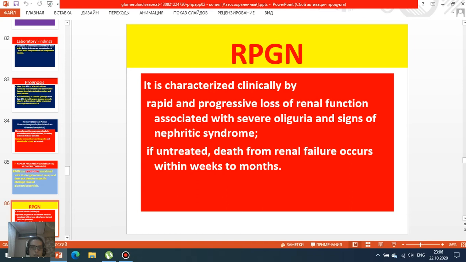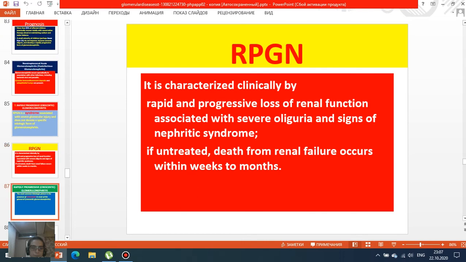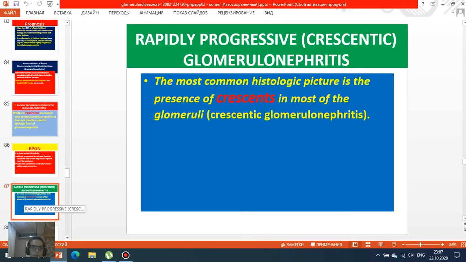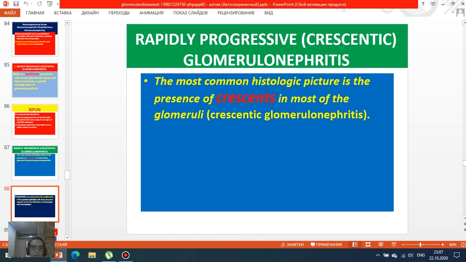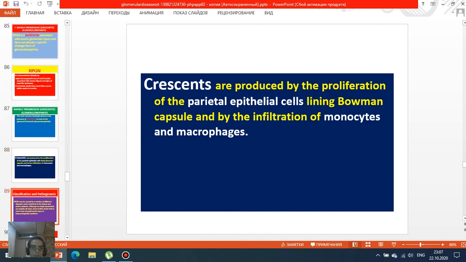If untreated, renal failure occurs within weeks to months. The most common histologic picture is the presence of crescents in most of the glomeruli. Crescents are produced by the proliferation of the parietal epithelial cells lining Bowman capsule and by the infiltration of monocytes and macrophages.